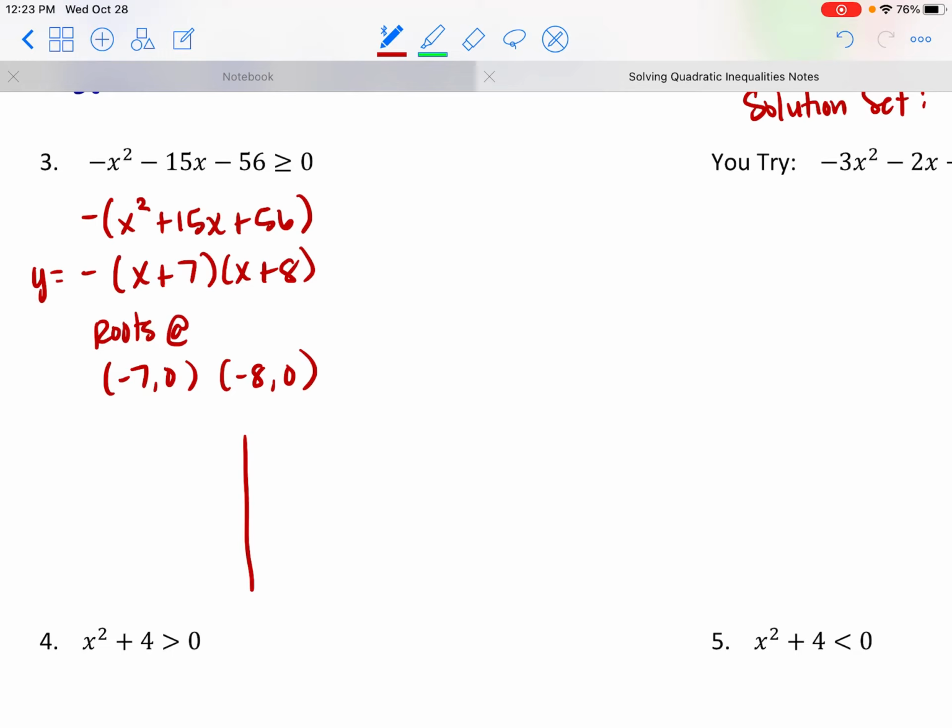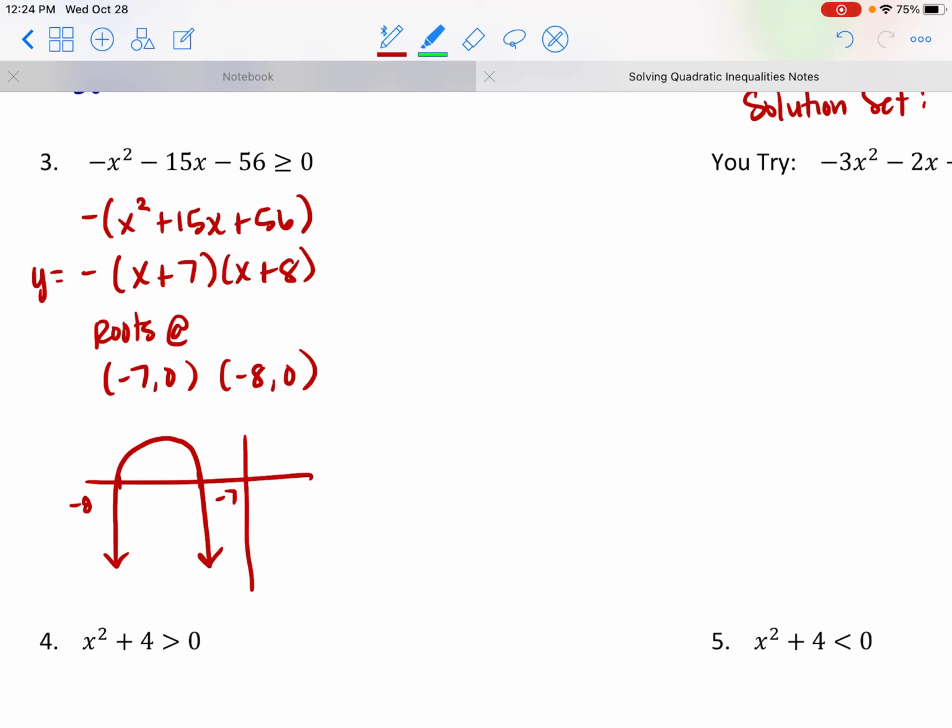So negative 7 and negative 8, and again, I don't care that this is not spaced out correctly, but I know it's going to be crossing at negative 7 and negative 8. And this parabola opens down because there's a negative out in front. So it opens down and it goes through these points. That's basically what the picture is going to look like.